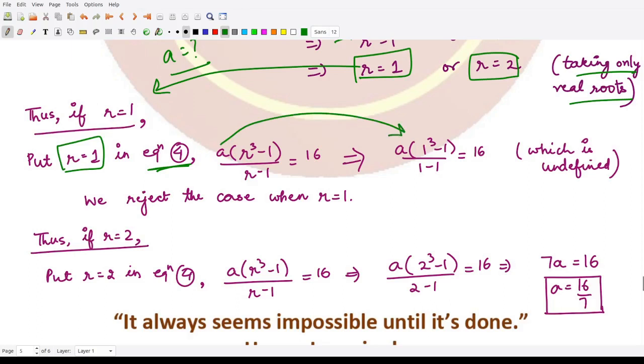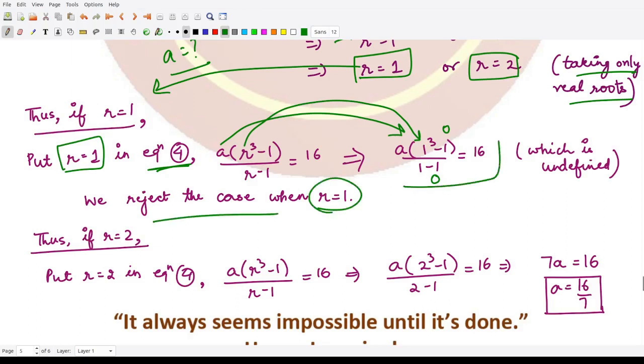Value of a we have to calculate. The value of r we have substituted to be 1. So you see 1 minus 1 is 0. 0 in the numerator and 0 in the denominator. This is not defined. Hence we will reject this case, because when r is equal to 1, the term here is not defined. The sum is not defined in this case. So that means the only value of r is equal to 2.